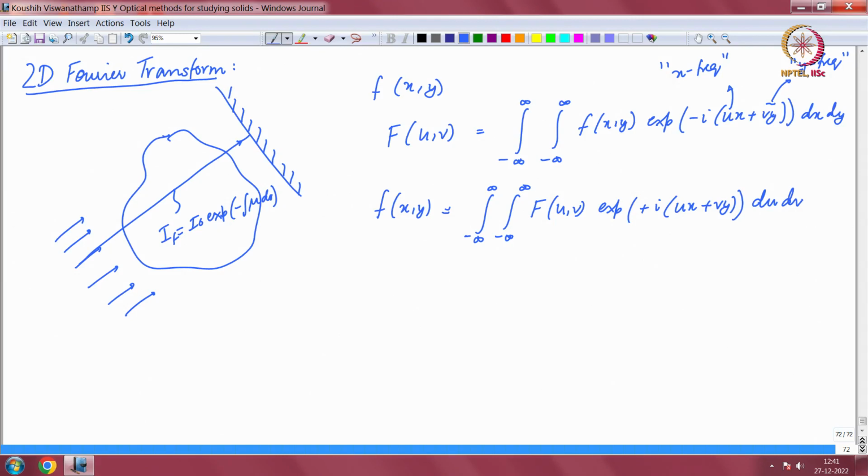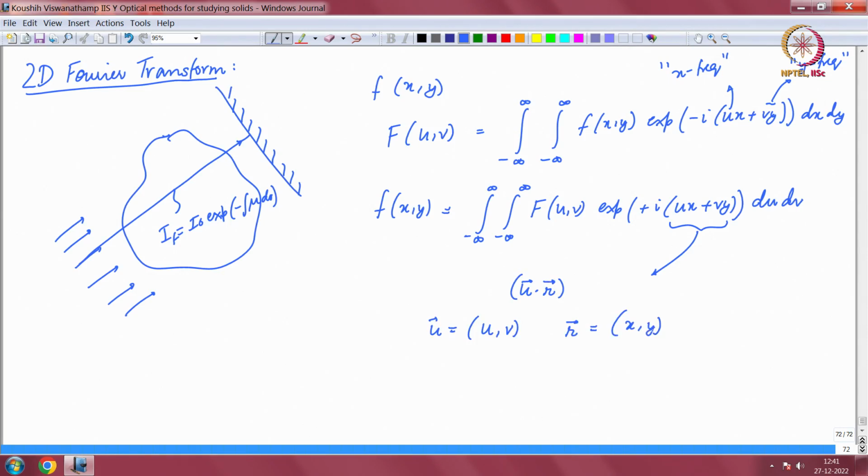Now to see where we are going with this, I want you to focus on this. Remember, u is like an x frequency, v is like a y frequency. So it has dimensions. If x has dimension of length, then u has dimensions of 1 by length, or wave number, likewise v has dimensions of 1 by length. This expression can be written as u bar dot r bar. U bar is a 2 component vector, it has components u and v, and r bar is also a vector which has components x and y.